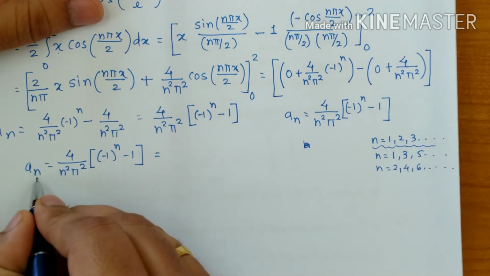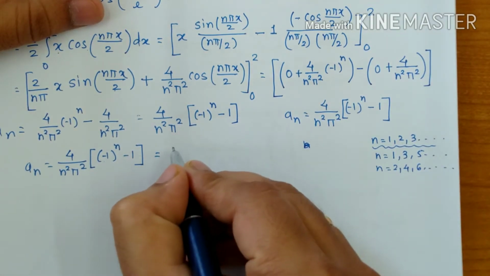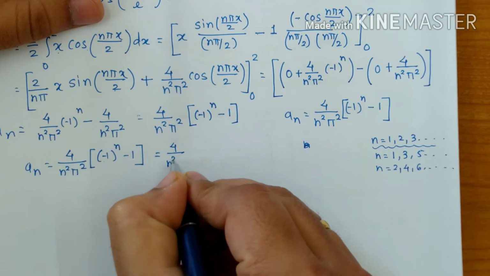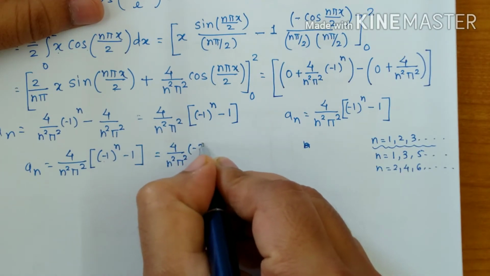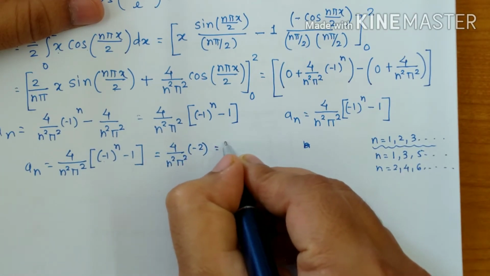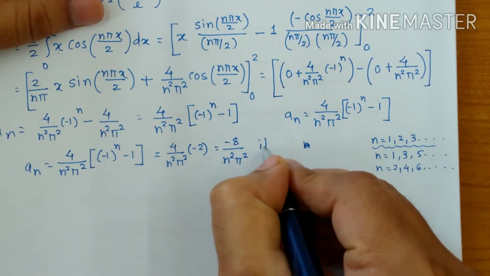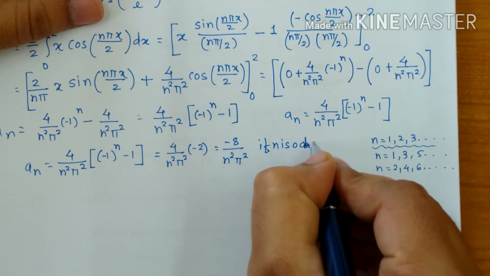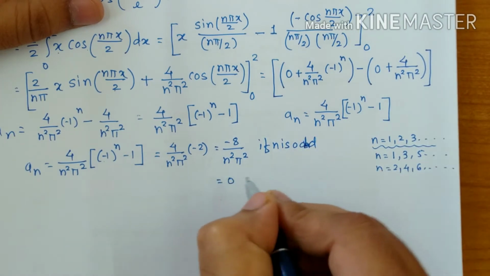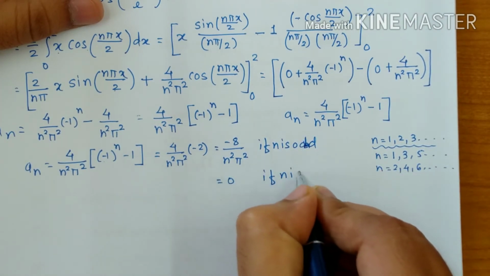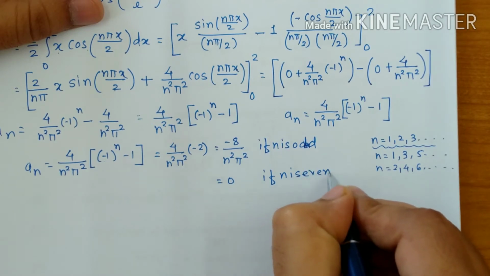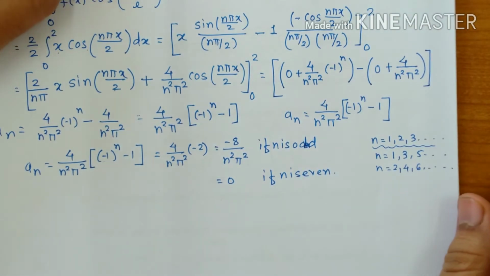Hence we can write the value of a n as 4 upon n square pi square into minus 2, that is minus 8 upon n square pi square if n is an odd number, and is equal to 0 if n is an even number. I hope this idea is clear to everyone.